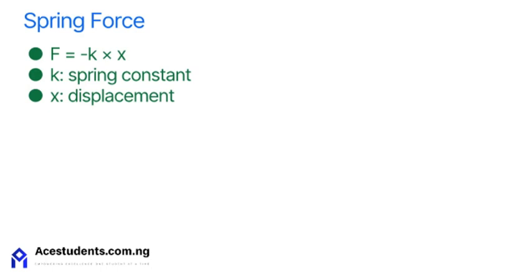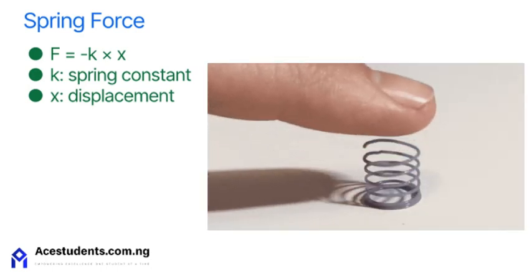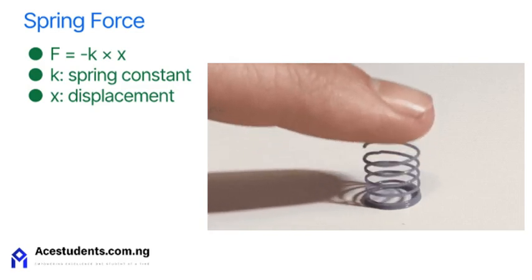A stiffer spring has a larger k value. The negative sign indicates that the direction of the spring force is opposite to the direction of the displacement. For example, when you compress a spring, it pushes back to expand. Ideal springs are considered massless and have uniform force throughout their length.